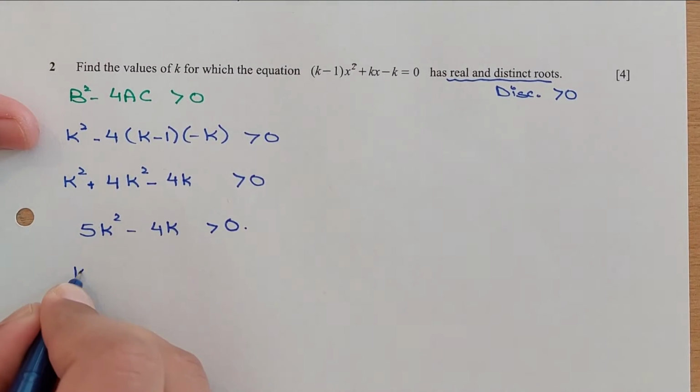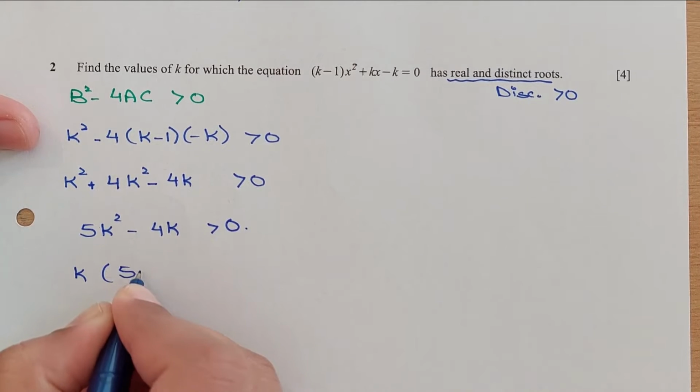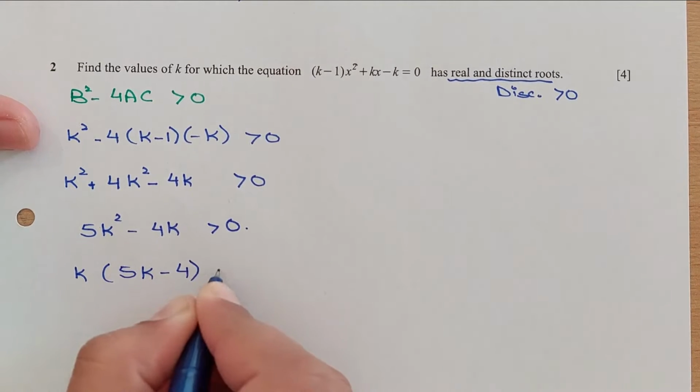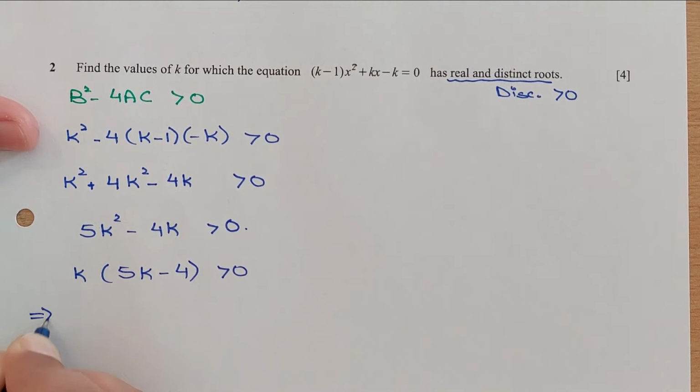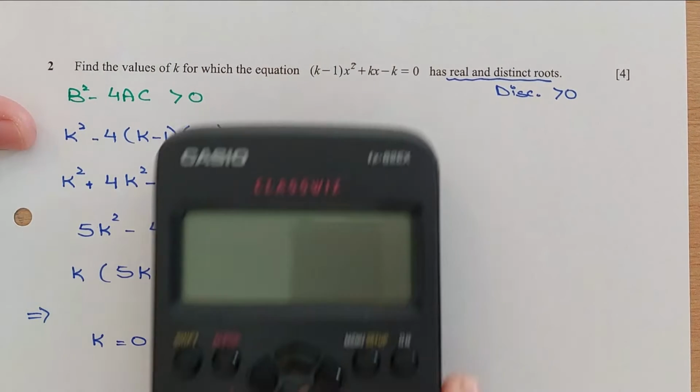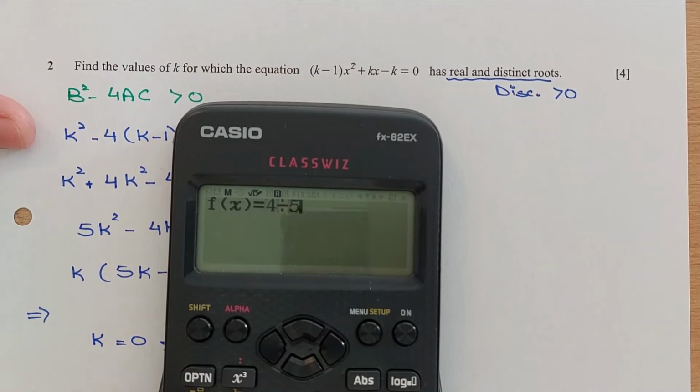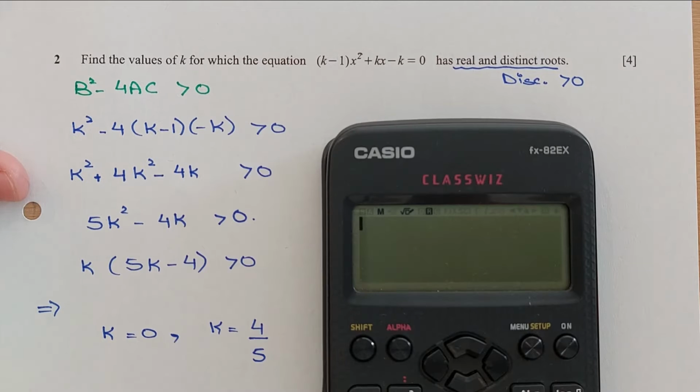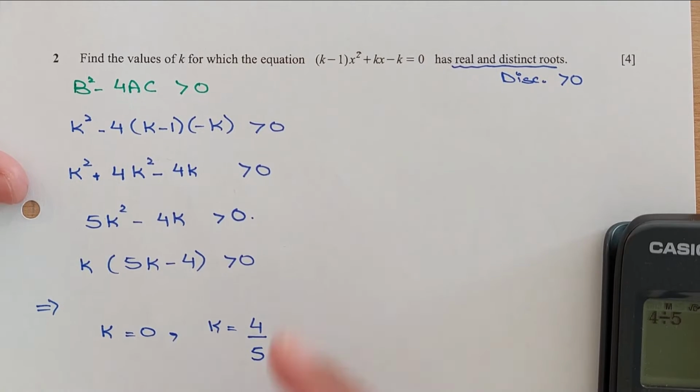And let me take k common. We have k times 5k minus 4 is greater than 0. And from here we have two values of k: k equals to 0 and k equals to 4 by 5. Okay, what is 4 by 5? 4 divided by 5, sorry.